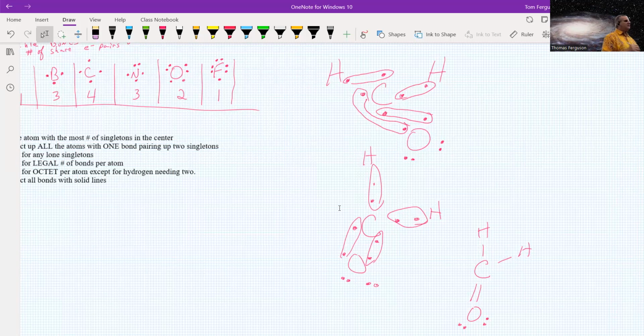Now, what's nice is you can move these electrons around so your structure doesn't look weird. Move it around and things look a little nicer, more straightforward to put together. Also, keep in mind that atoms can tumble in space. Sometimes I'm going to give you a lot of worksheets to do Lewis structures on to practice. And sometimes my structure may look different than yours, but yours may be perfectly legal.